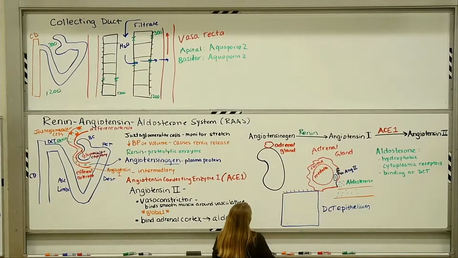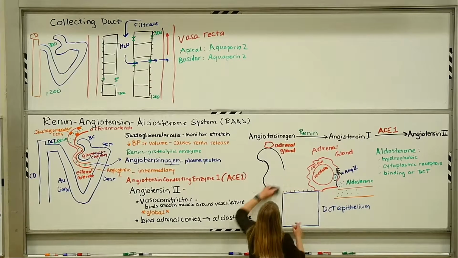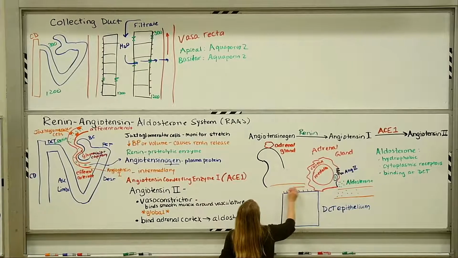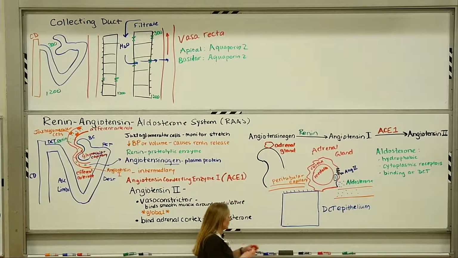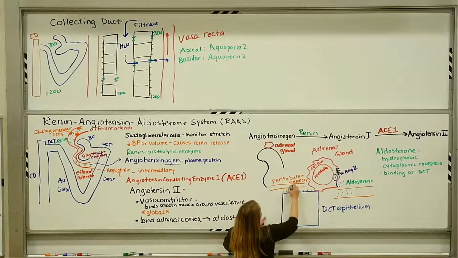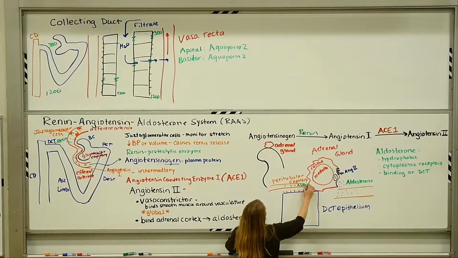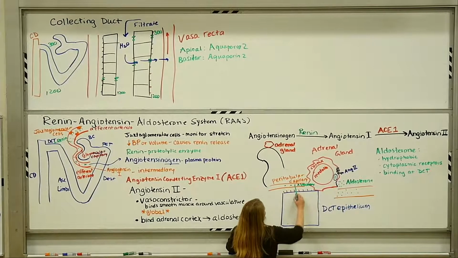So that's facing, I'm going to have to erase my kidney, the peritubular capillary. So as your aldosterone is passing through the blood, it can get out of capillaries and then pass right through membranes. So this aldosterone is going to go directly into the DCT cell.